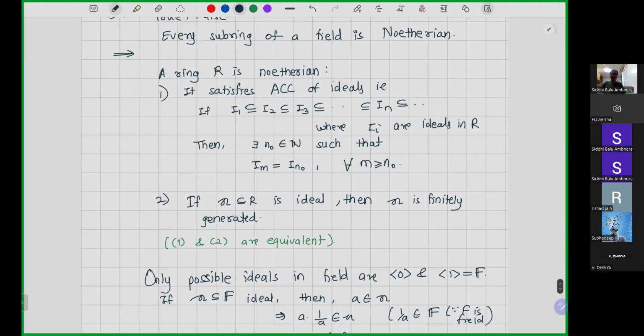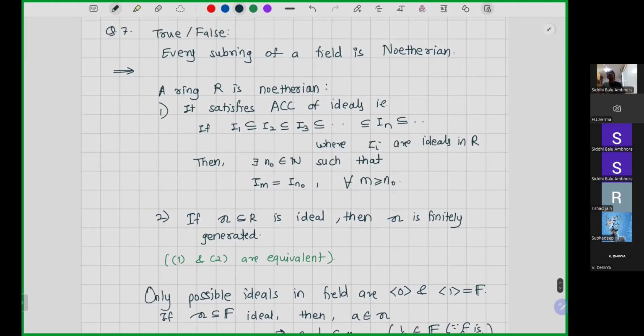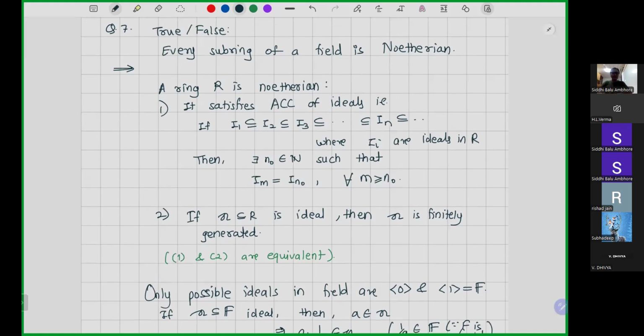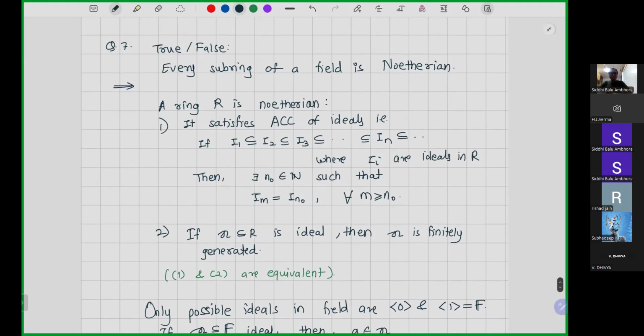So they are asking whether every subring of a field is Noetherian or not. Any guesses? True or false? Subhadeep said that it is true. Do you still feel it is true, or do you want to change your guess? If true, we have to give a proof.